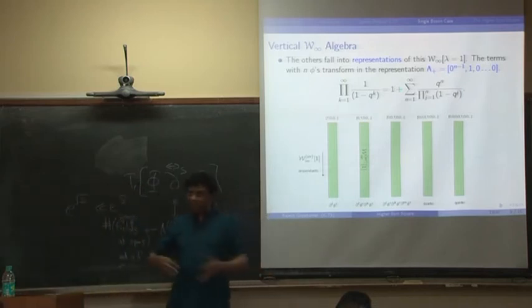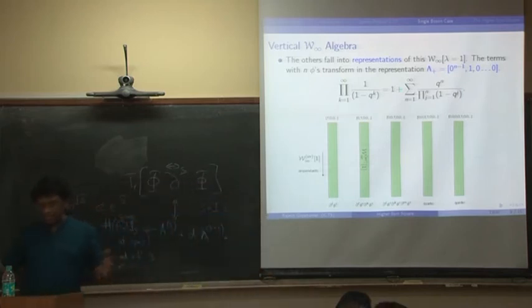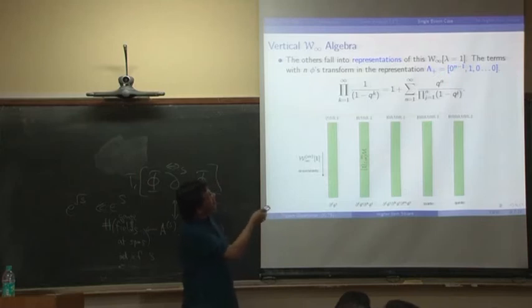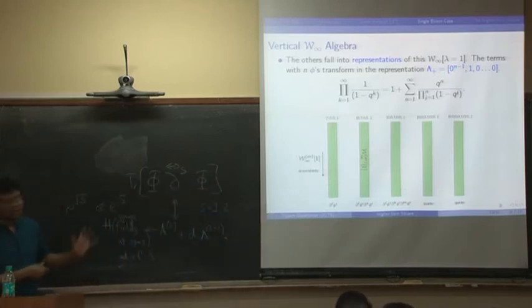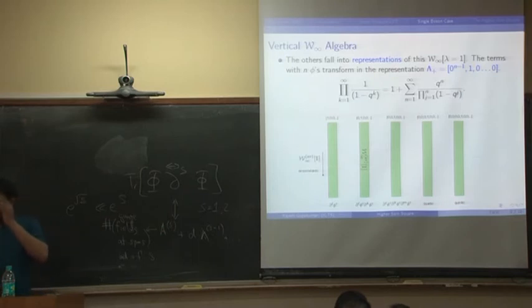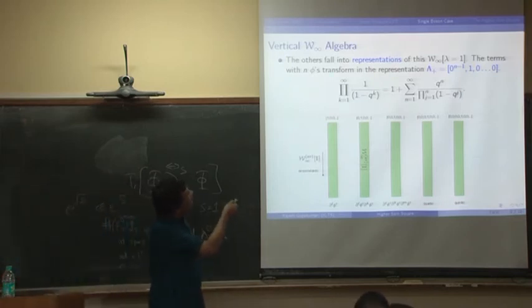People have studied W infinity representations, you can go and look at the character, and you sum up all these and you get this, which is just a statement that this is a full decomposition of this chiral algebra. Okay, so this is what we call a vertical decomposition, and this algebra, W infinity algebra, which is these bilinears, I will call the vertical W infinity algebra.